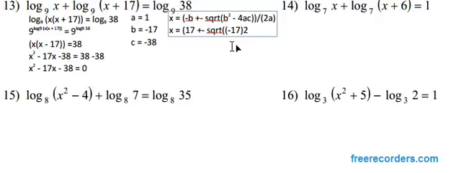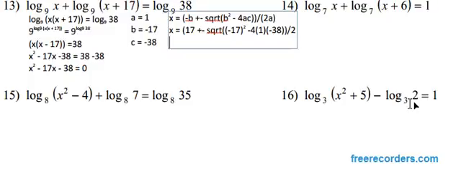So I could have just put 17 squared, but just to be clear, I did negative 17 squared minus 4 times 1 times c, which is negative 38. And that's going to be my numerator. And I'll divide it by 2 times 1. And a is 1, so 2 times 1 is 2. I'm just going to write 2.